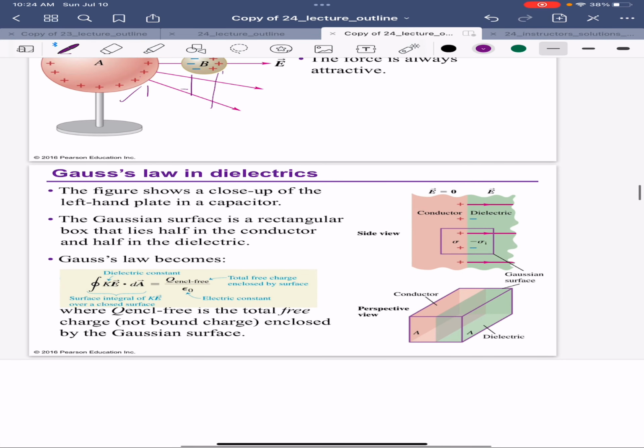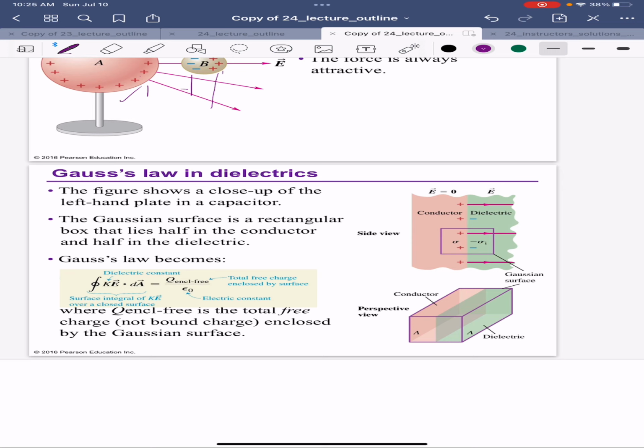Now, Gauss's law can be used for calculating electric fields in dielectrics. Here we are using a Gaussian surface that is a rectangular box that lies half in the conductor and half in the dielectric.